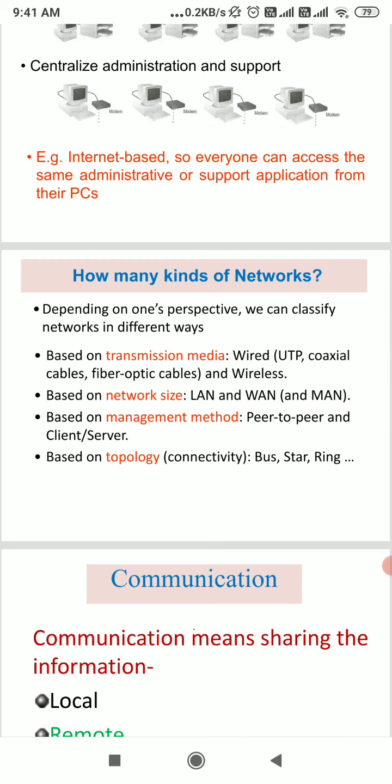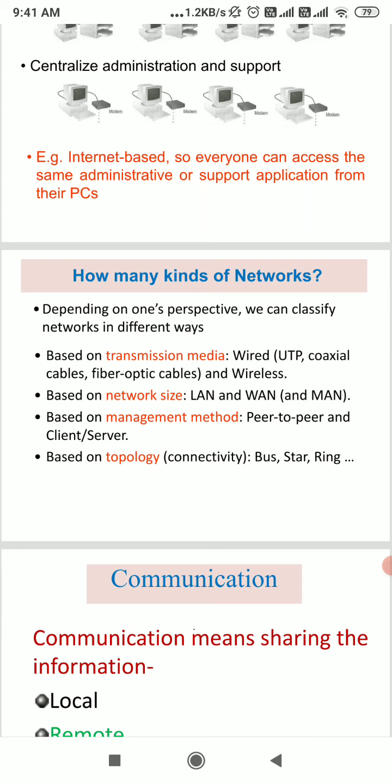If transmission media is continuous, it is wired or wireless. For wired, as you can see in the bracket, we are using coaxial cable, fiber optic cable, UTP cable, or we can do wireless communication.